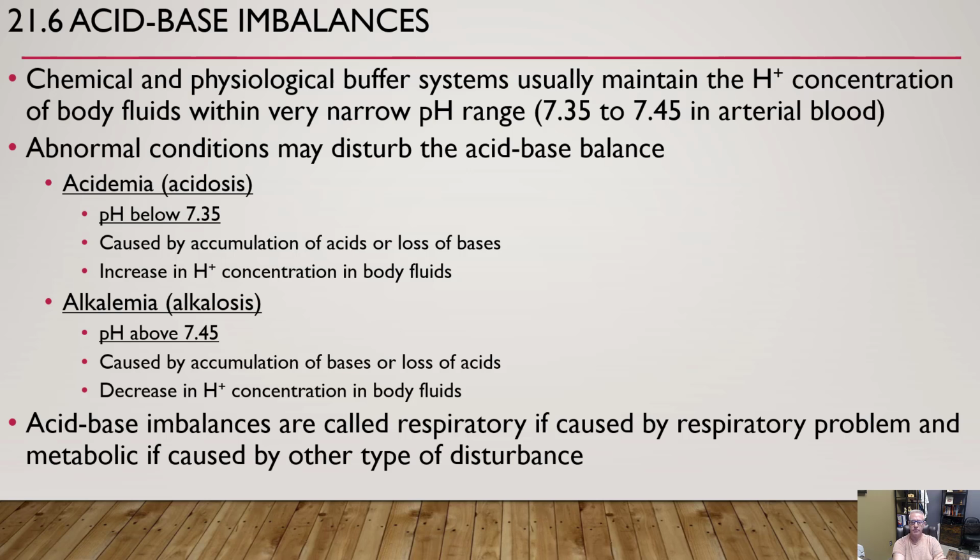And we can break those up into a respiratory problem or a metabolic problem. So we can say we have respiratory acidosis, metabolic acidosis, respiratory alkalosis, or metabolic alkalosis. I'll save that for when we get to that slide.